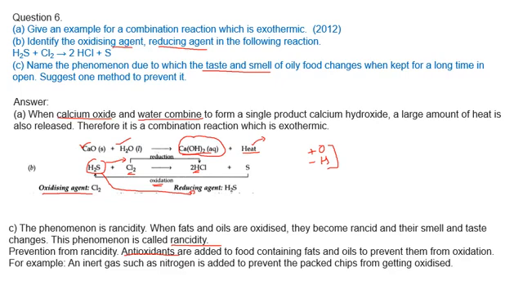Why? Because it reacts with oxygen. To avoid this, we can use antioxidants, and we can also use inert gases such as nitrogen, which is added to prevent the packed chips from getting oxidized. So we add nitrogen to the chips so that oxygen is removed, and the food can retain its taste for a longer time.